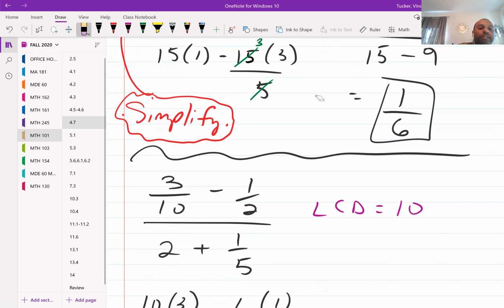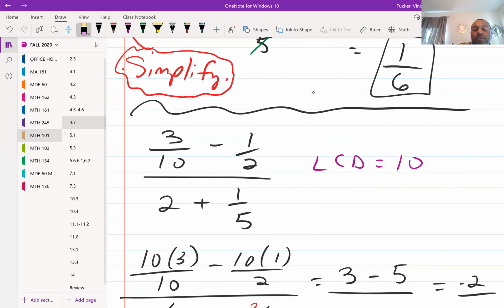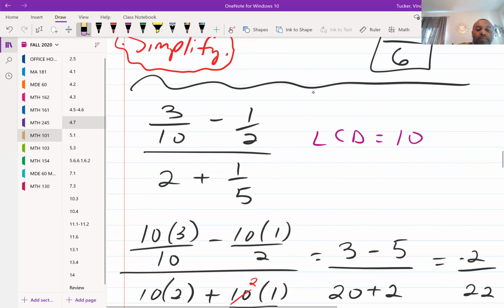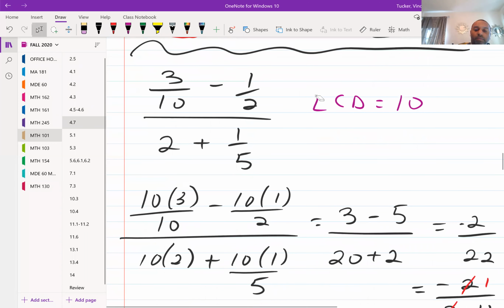LCD is 10. So we're going to multiply each numerator by 10. So it's 10 times 3 over 10, 10 times 1 over 2, 10 times 2, and then 10 times 1 over 5.